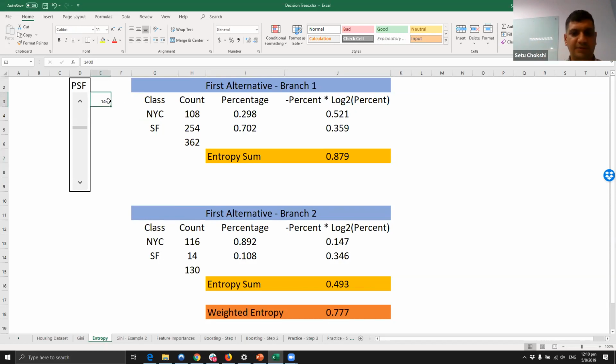Okay. 1081. Yeah, it looks like it's around the same values, right? But your weighted entropy turns out to be different.